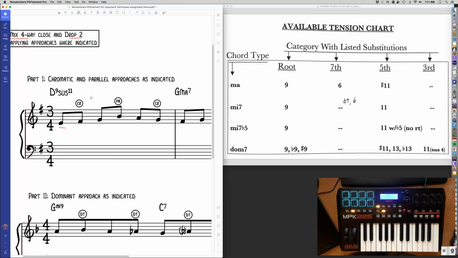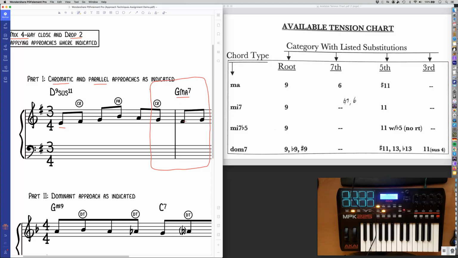So what we're going to do here is, you can see we're going to be using two types of techniques for this first part. We are going to first target this chord right here, and the melody note, the downbeat, that F sharp, and we are going to target it with a chromatic approach. So we're going to sort of cordon us off right here.